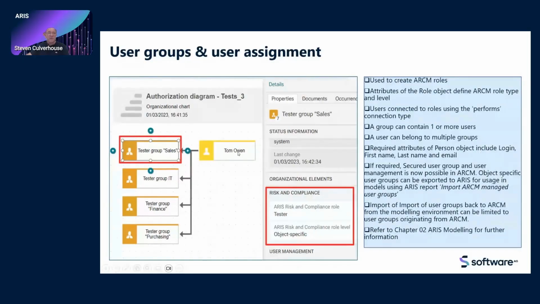So Tom could not be, for example, a tester for group sales and a test reviewer for group sales, because it needs to be an independent individual that would take on the reviewer role. Segregation of duties is one of those red lines that the system will actually prevent from occurring. It will identify that this user is assigned to the reviewer and the tester role, and in this case, that's not allowed.